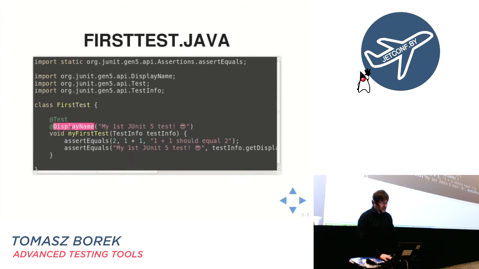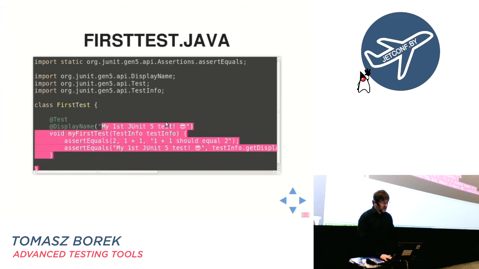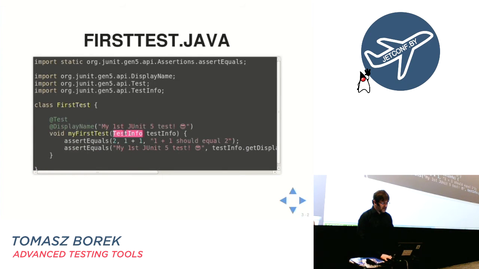This display name is being injected into the test via TestInfo. TestInfo is a class which holds three fields: test name, display name, and the set of tags. So I could inject here another annotation, tags, where I could set that this test is tagged with fast, DB, integration, for example.